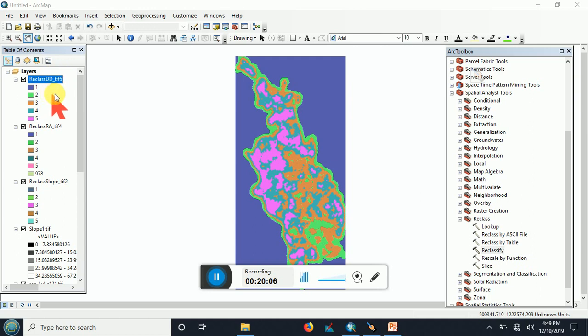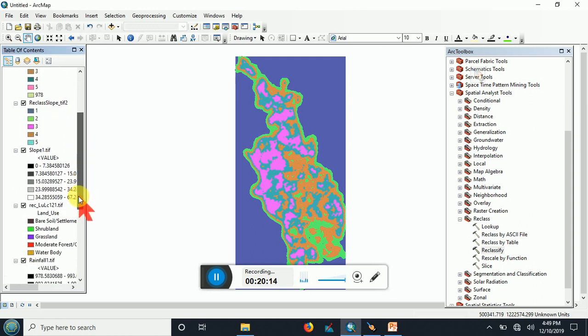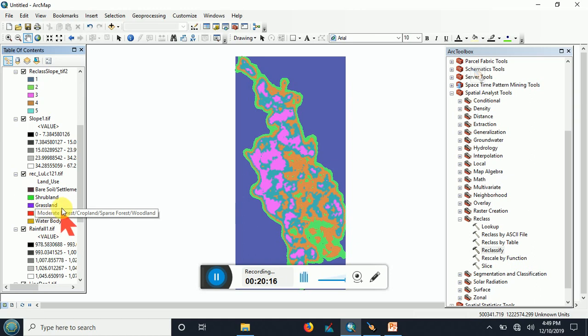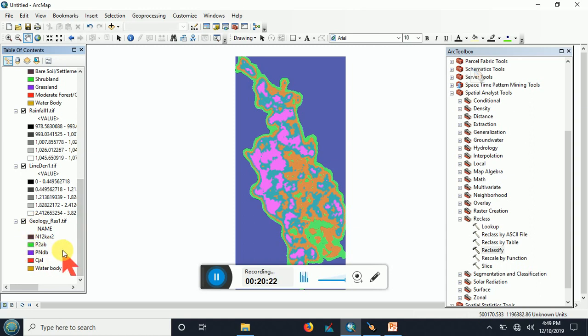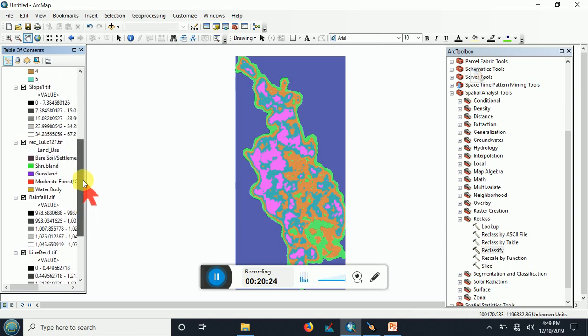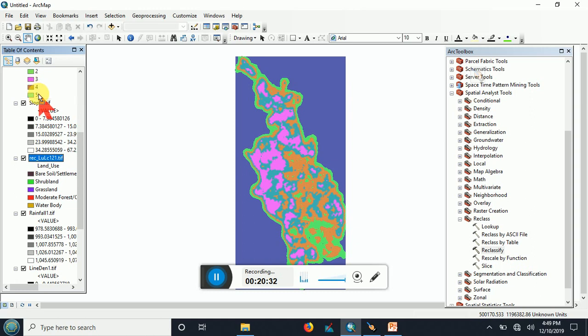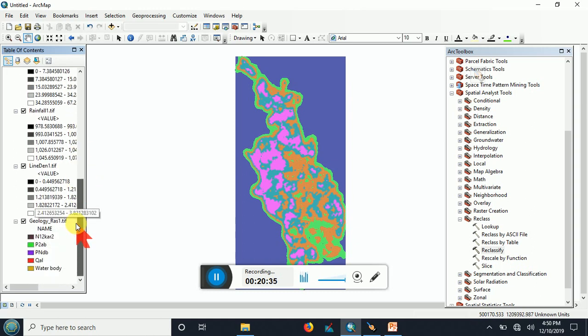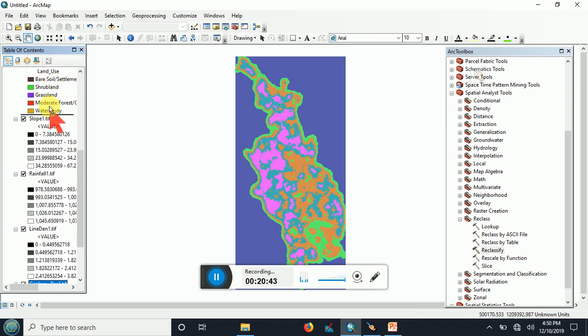So we have the reclassified drainage density, the reclassified rainfall, the reclassified slope, and the land cover change already reclassified before, and similarly the geology is already reclassified. So maybe it is good to bring the land cover change up because we need it, and similarly good to bring the geology thematic map up, maybe here.